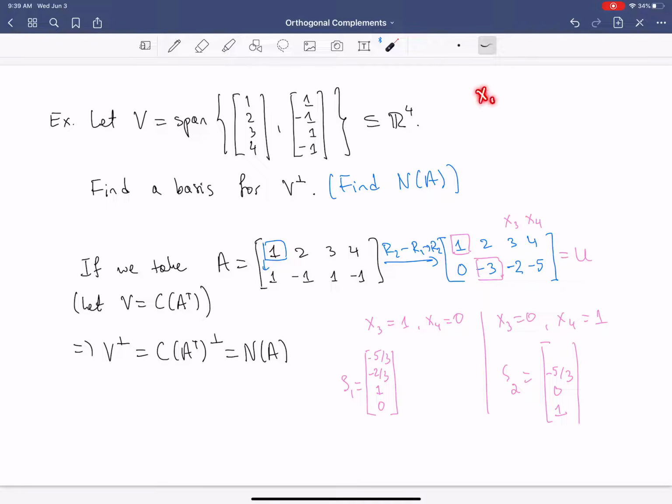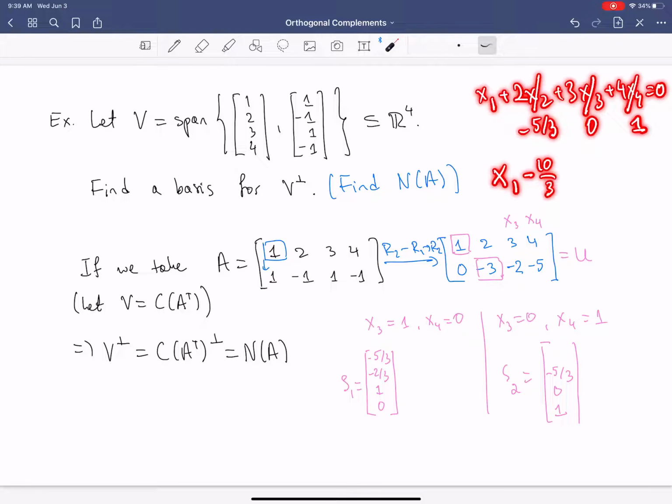So I'm going to have x1 plus 2x2 plus 3x3 plus 4x4 is 0. Now x4 is 1, x3 is 0, x2 is negative 5/3. So we get x1 minus 10/3 plus 4 is 0. 4 is 12/3. So we have x1 equals negative 2/3.